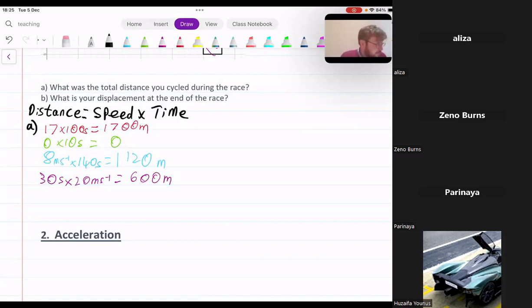So the total distance, we have to add all of these up. So we sum these, and we get, what have I got written down? 2,820 meters. So that's the total distance you've traveled along this race.